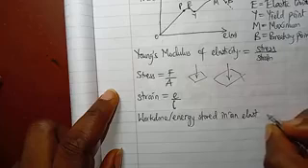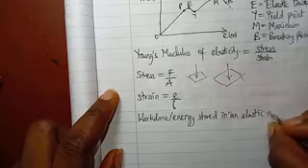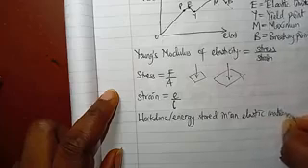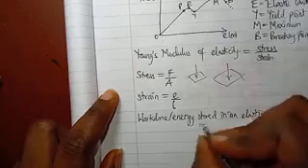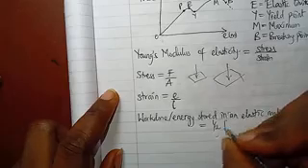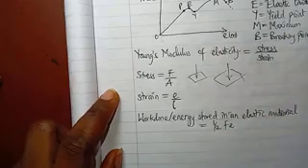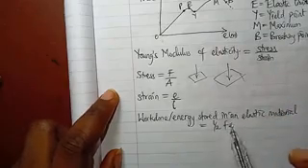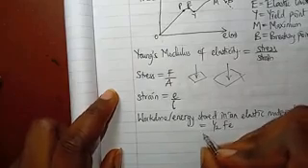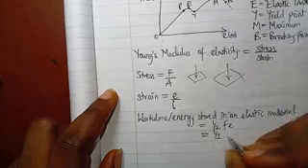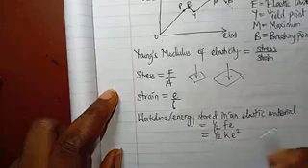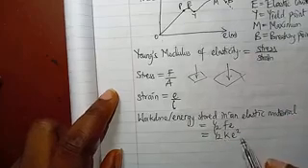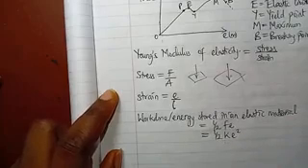It mustn't be a spring. Elastic material is equal to half Fe. That is half the applied force times the extension, or sometimes it's equal to half Ke squared if you're given the force constant. So in this case, you now have the extension squared.